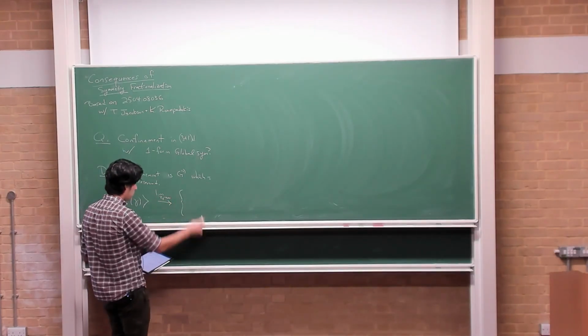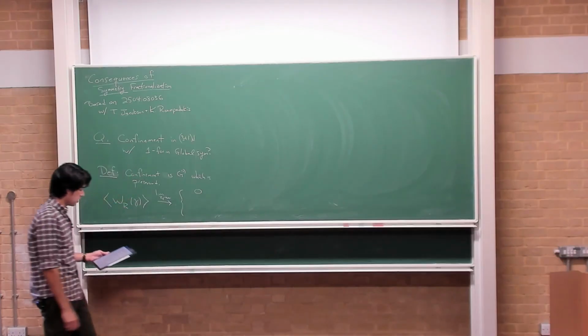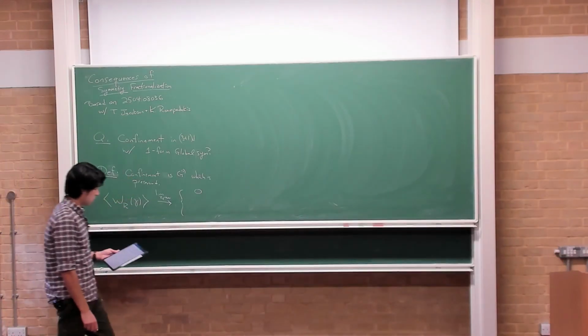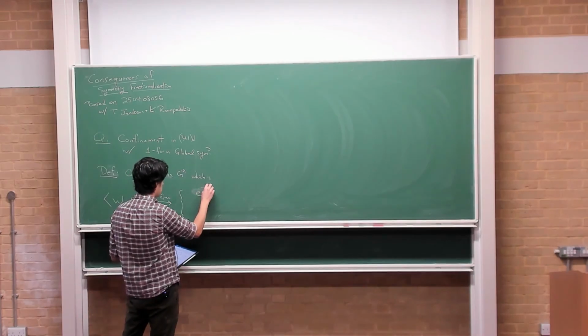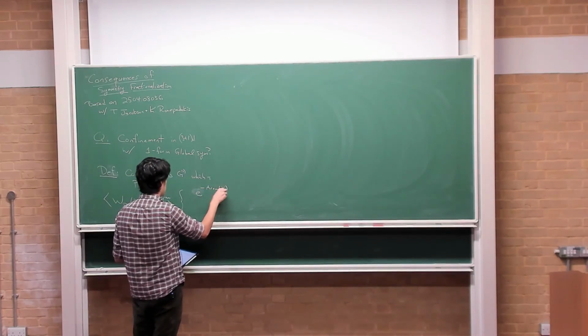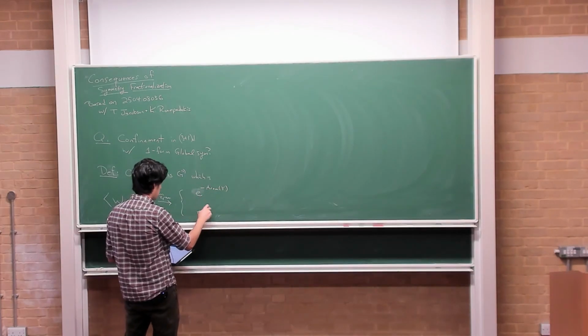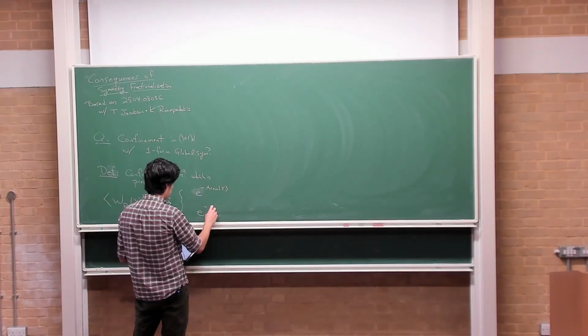We know that if the Wilson line approaches 0 exponentially fast, we typically say that this falls off like the area of the curve, and the other one is some sort of perimeter.